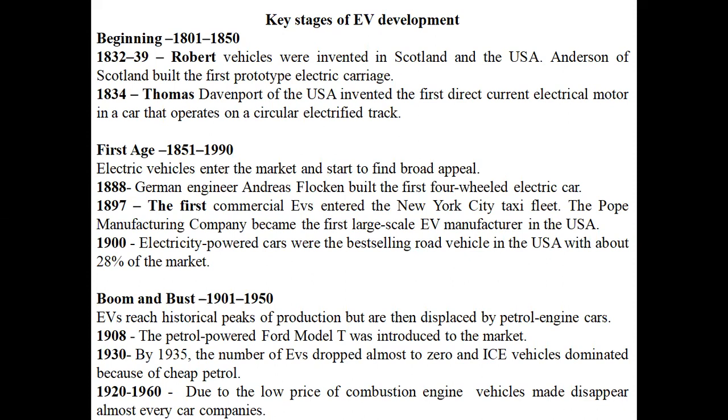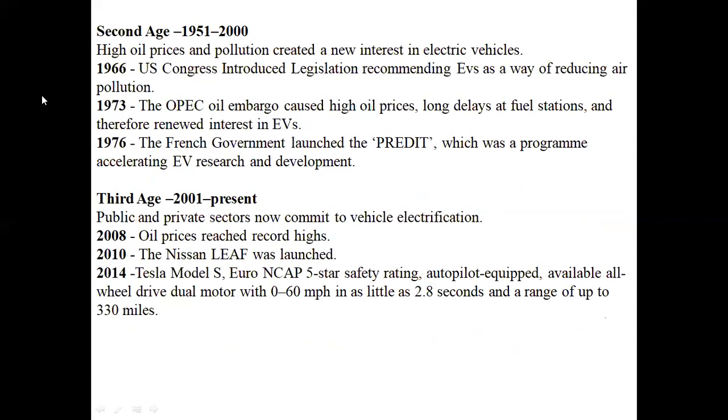Because of the lower cost of petrol powered cars and the availability of oil, the electrical vehicle disappeared. In 1930 to 1935, the number of EVs almost dropped to zero. And from 1920 to 1960, the low price of the combustion engine completely made the electrical vehicle disappear.